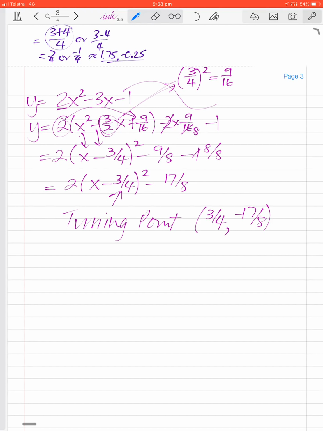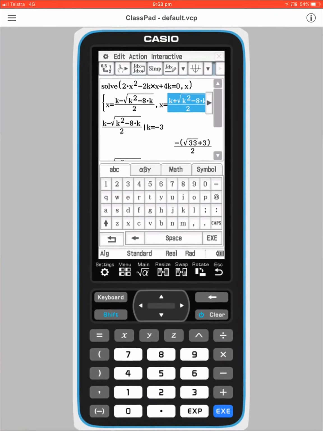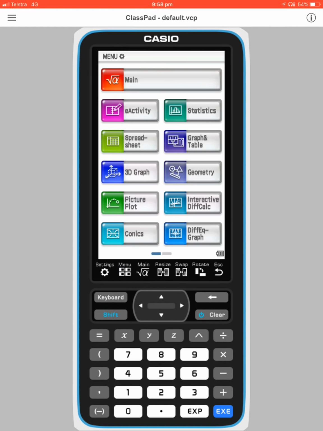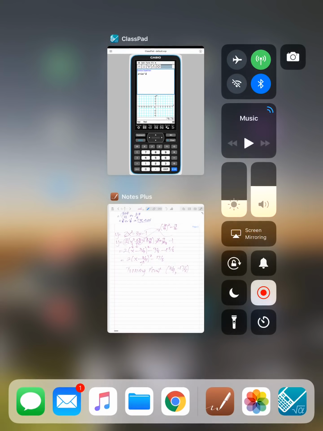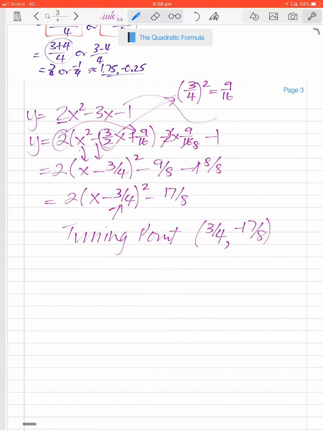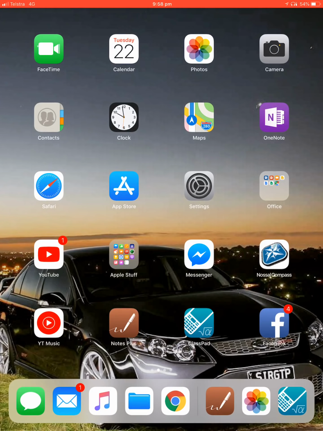Now one of the things you might not know is your CAS can actually do this for you as well. 2x squared minus 3x minus 1. If you go into the main screen and then into something called conics, get rid of whatever's there, and then put in your equation. So y equals 2x squared minus 3x minus 1.